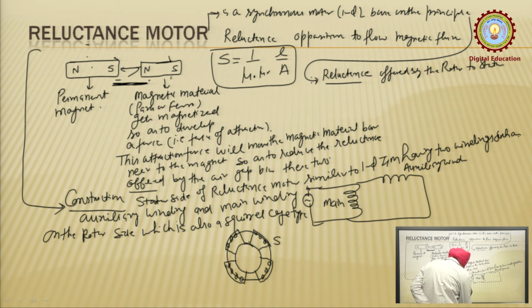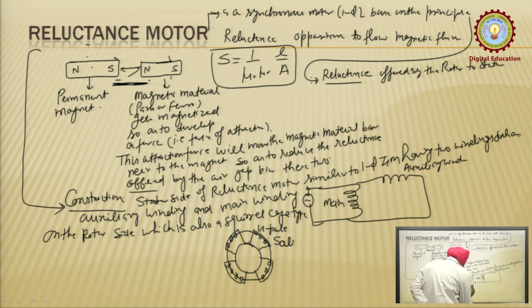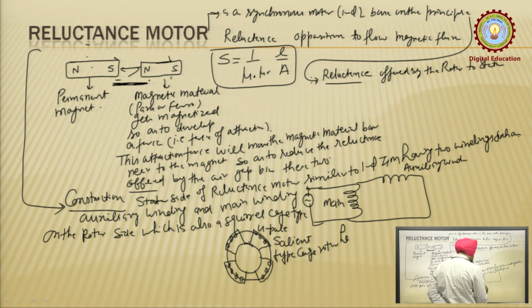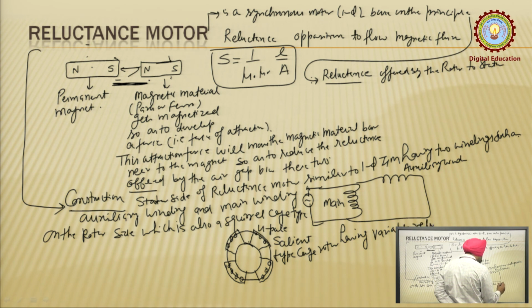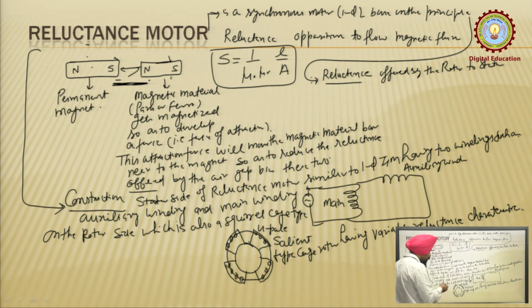This is a salient 4 pole, salient type cage rotor having variable reluctance characteristics. Okay, variable reluctance characteristics. Why is it variable?